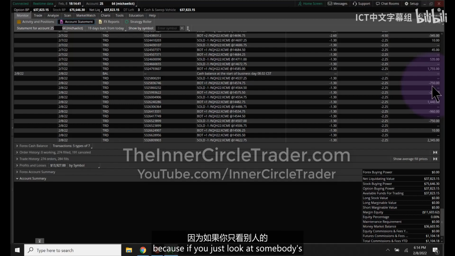And that's why it's important, because if you just look at somebody's trading statements, their positions and their statements, that's not going to give you the context that would be required. I could look at someone's statement and say, okay, yeah, they're making money, but in reality, unless I look at what they're doing on a chart, they could be lucky. They could be just getting lucky.